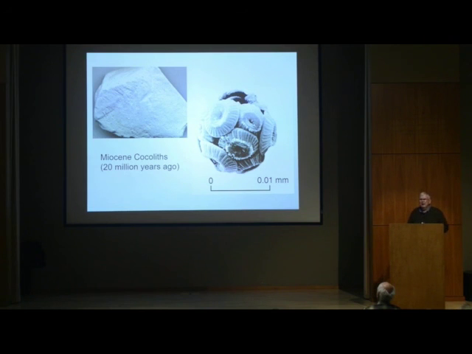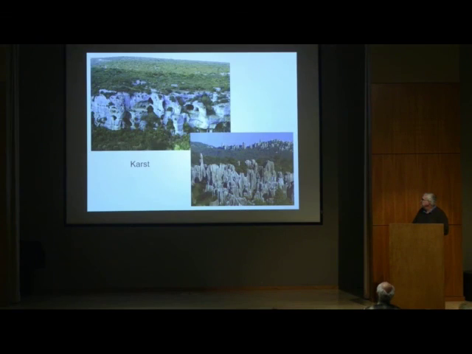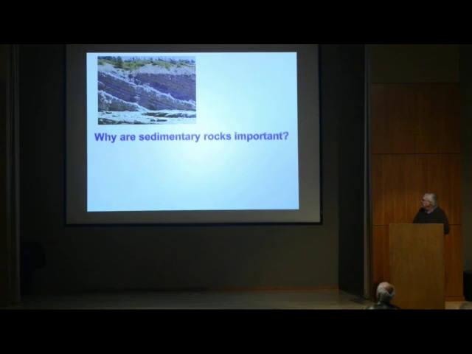So one of the consequences of sedimentation is the formation of sedimentary rocks, and most of the Earth's surface is covered with sedimentary rocks. And you get the karst formations that we were talking about. Why are sedimentary rocks important?